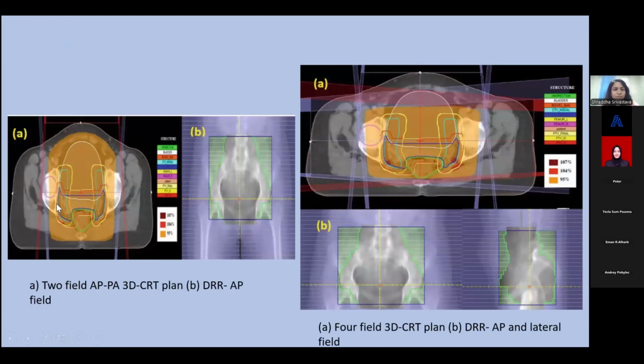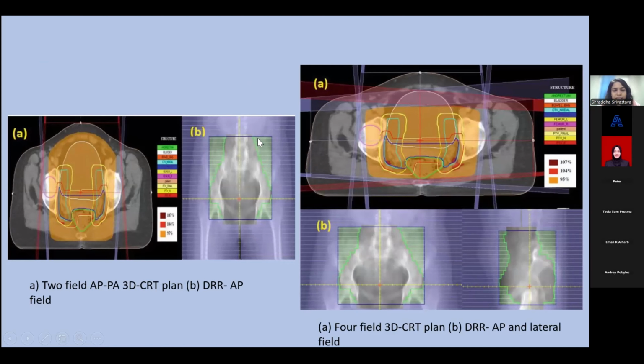So in this figure, this is an example of a 3D conformal radiotherapy patient plan. So we can see that in figure B, the field borders are there, but these green color lines represent the conformity.